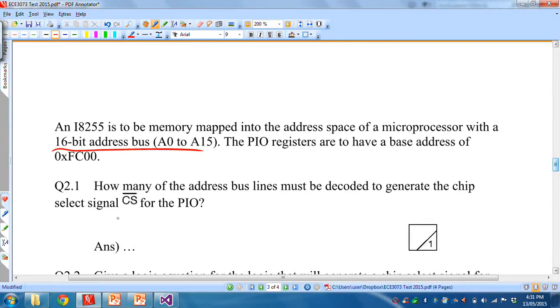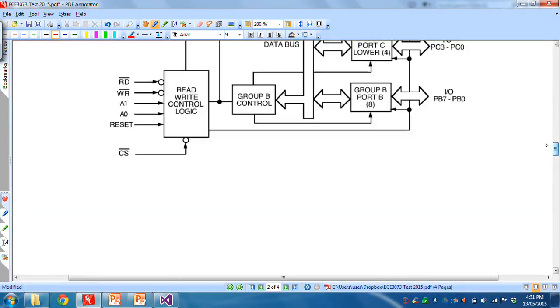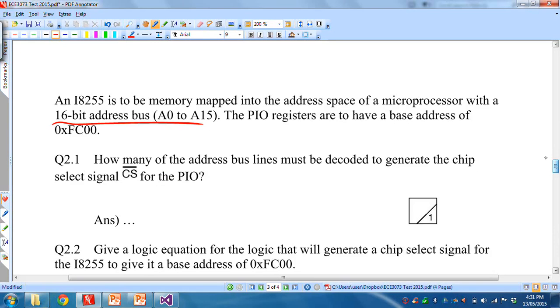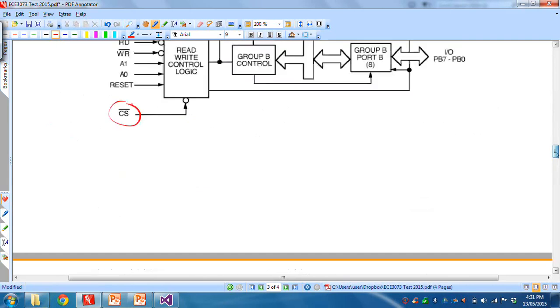So, what am I trying to do? Chip select signal is here, so I'm enabling that somehow. I know I've got address lines 0 to 15. Let me have a look at this diagram carefully.